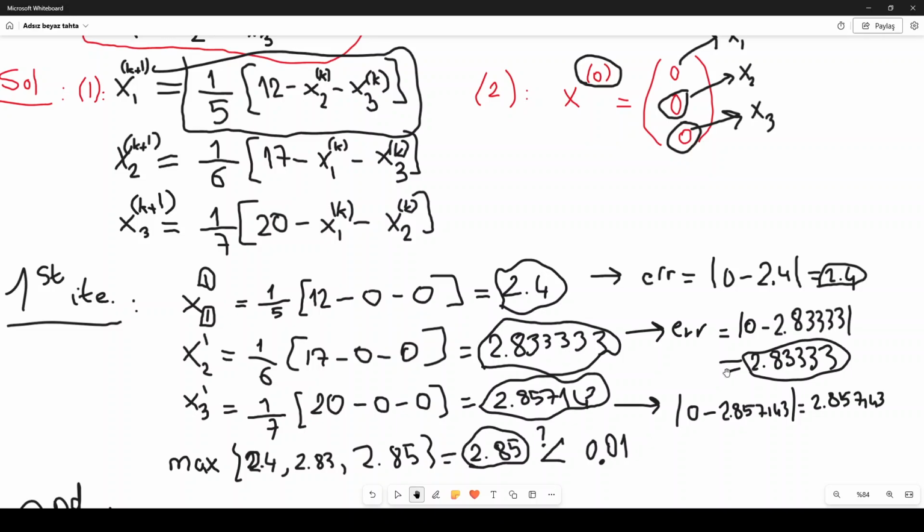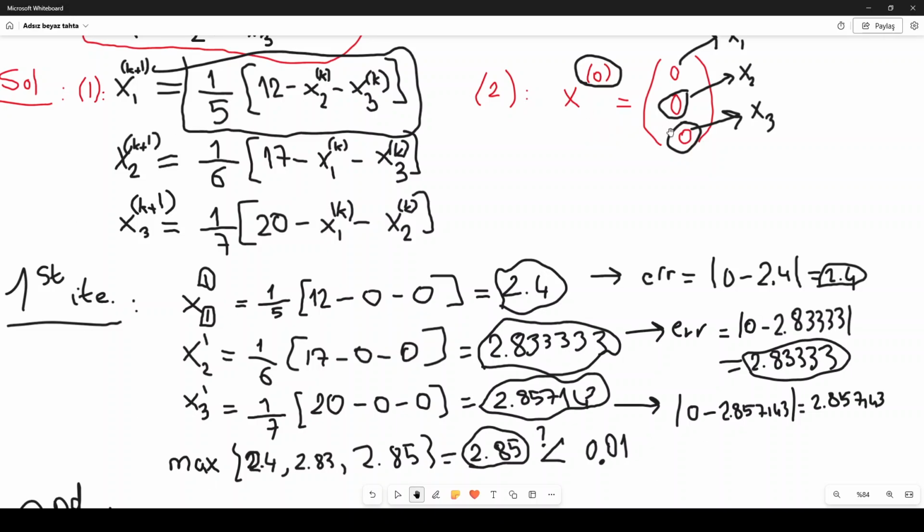Well, in this case, again, for this example, I preferred to select the error rate 0.01, so 1 over 100, and I find the errors for each of the unknown variables by taking the difference between two successive iterations.